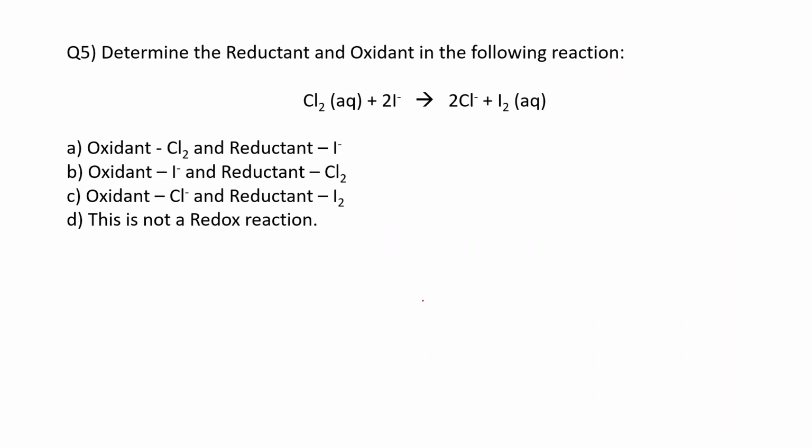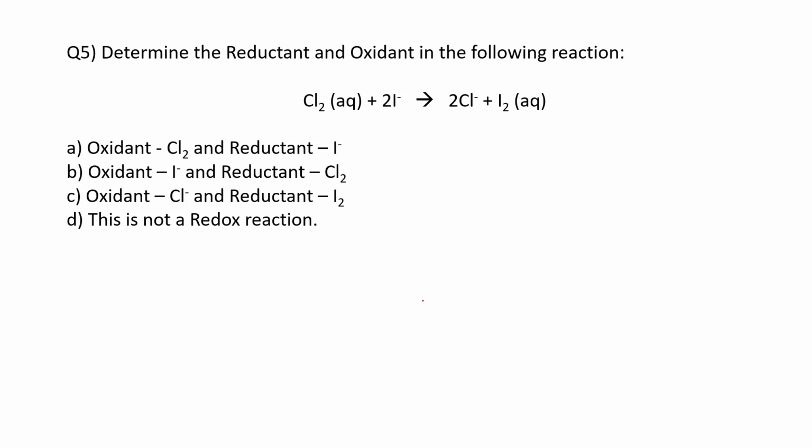Moving forward, question number 5 is, determine the reductant and oxidant in the following reaction. Please see which one is reduced and which one is oxidized. Then we can find out what is reductant and what is oxidant, and it can also be possible that this is not a redox reaction.